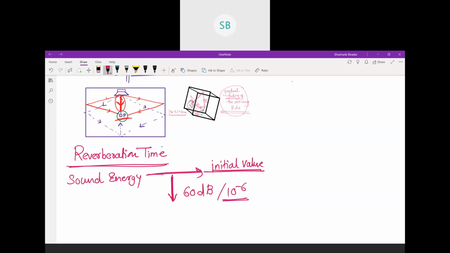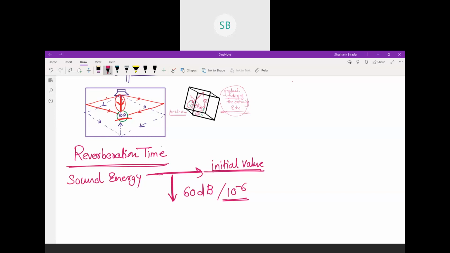And that phenomenon is called reverberation time. I'll again repeat, it is the time taken by the sound energy to reduce 60 dB of its initial value, is known as the reverberation time.